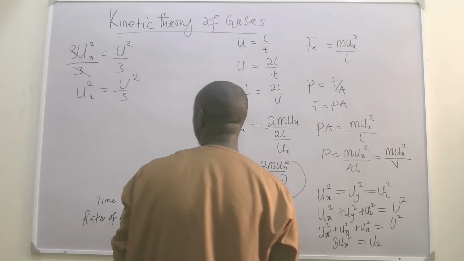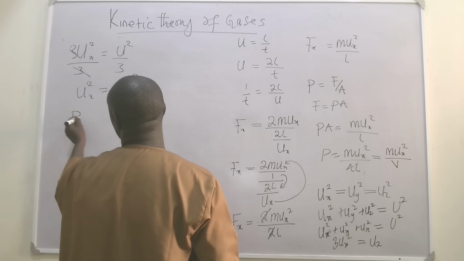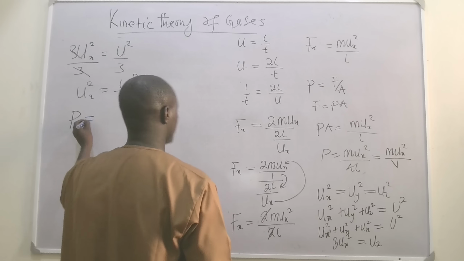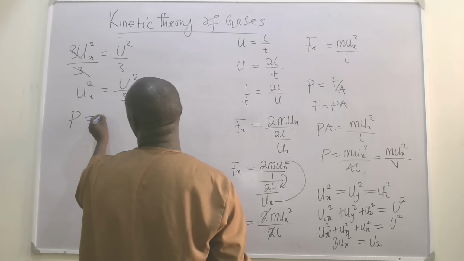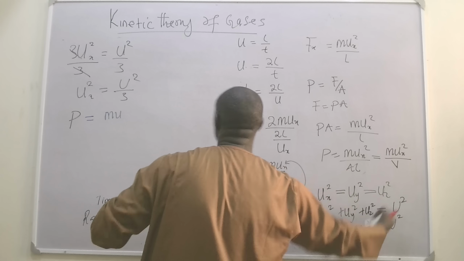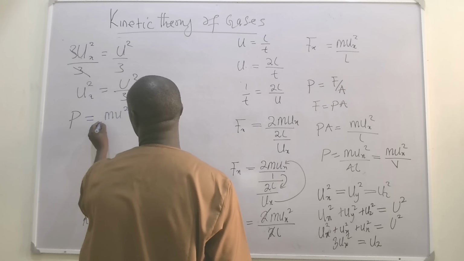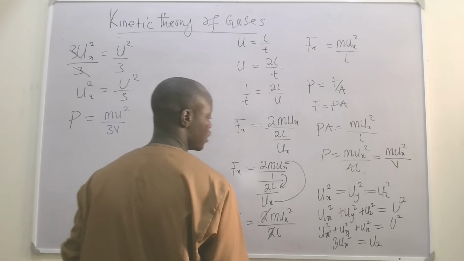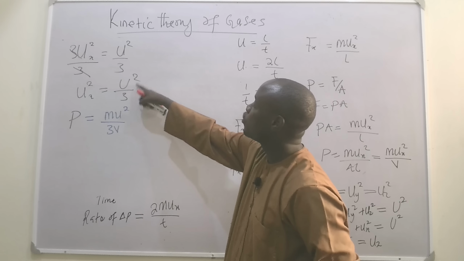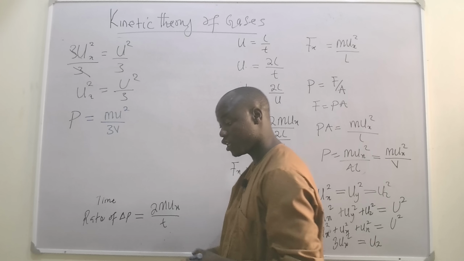And from here, we can now have our pressure. Our pressure is now equal to, very simple, m u squared divided by 3V, because the ux squared becomes u squared divided by 3. And that's why we have m u squared divided by 3V.